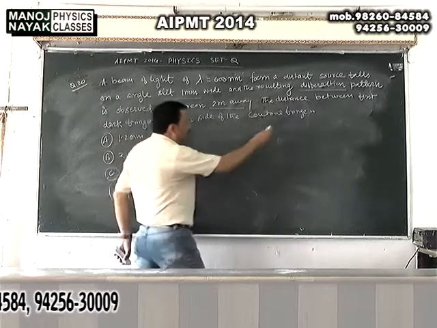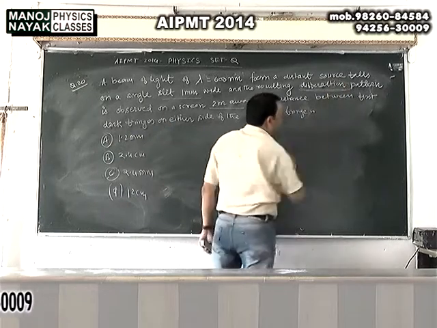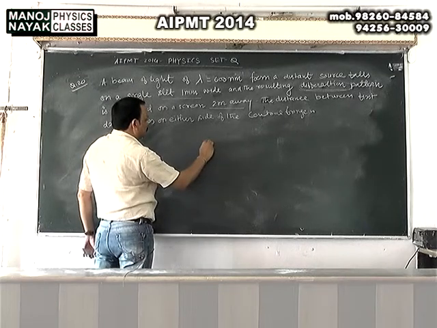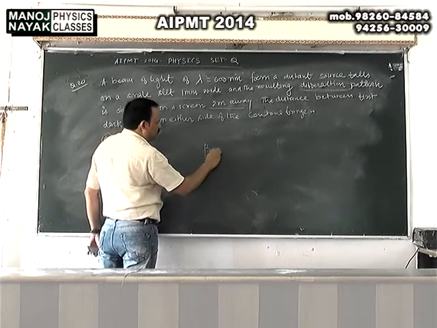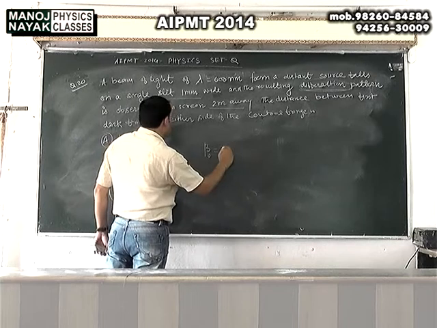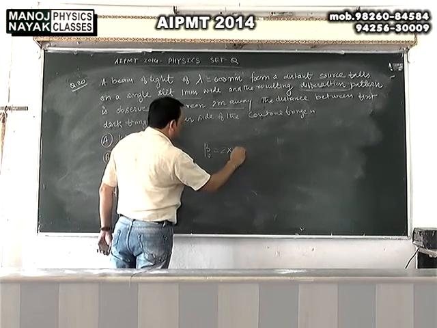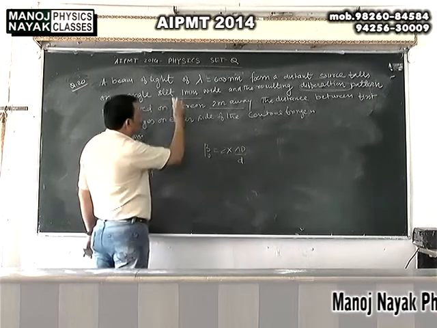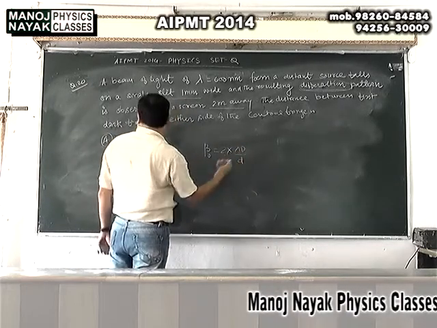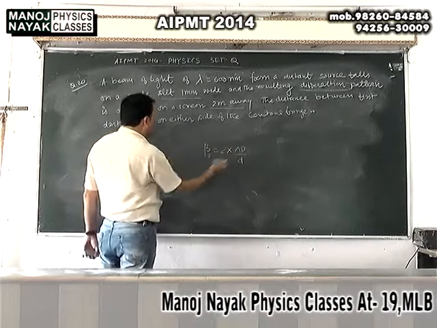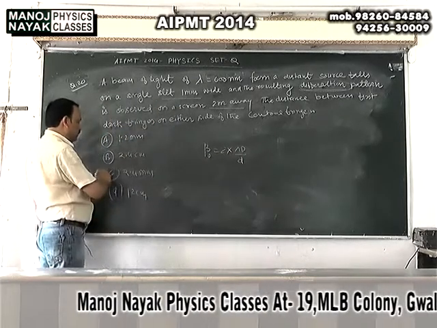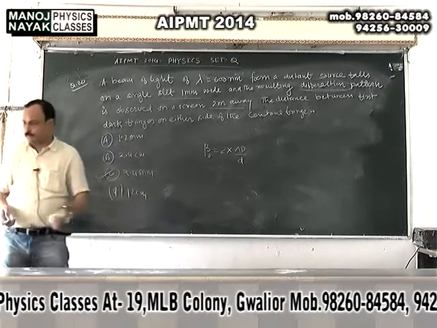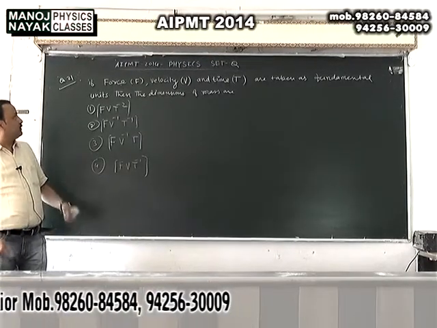Basically this question is from diffraction pattern and you know it very well that the width of central fringe is 2 times the width of other fringes, that is 2 lambda D by d. Okay, so values are given, lambda, D and small d. You can put these values in this formula and get the answer 2.4 millimeter. Very simple question. Okay.